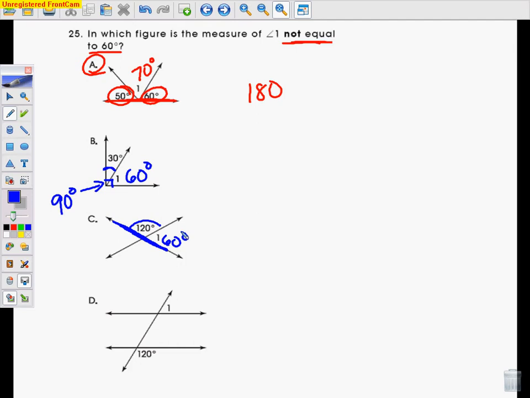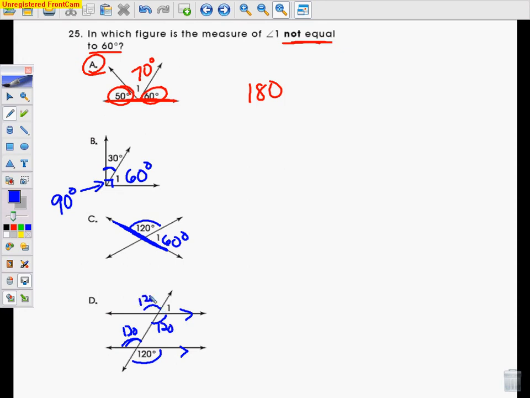All right, here we have 120 degrees here, which means because these are vertical, that this has to be 120. All right, and then also, if the problem really assumes that these two lines are parallel, by alternate interior angles, this has to be 120, and this has to be 120.